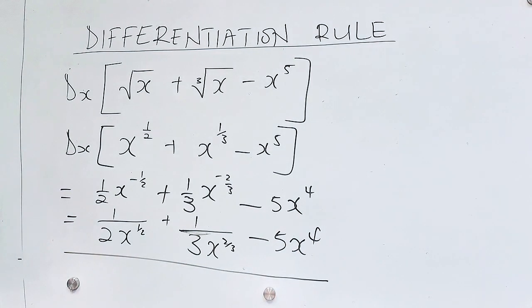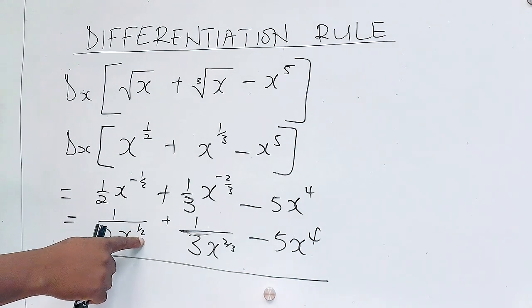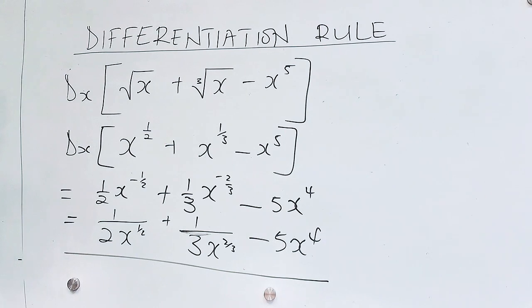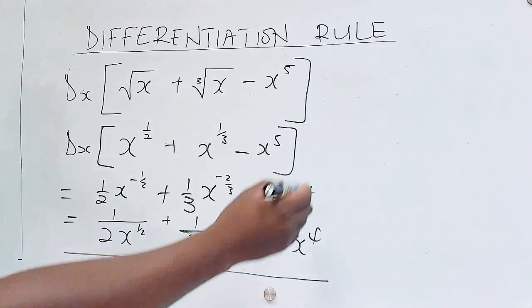That's how we differentiate expressions with square roots and cube roots. Also, you can take this one back to a square root because it's x power half. So you can take it back to square root of x. Then this one, you can take it back to cube root like this.